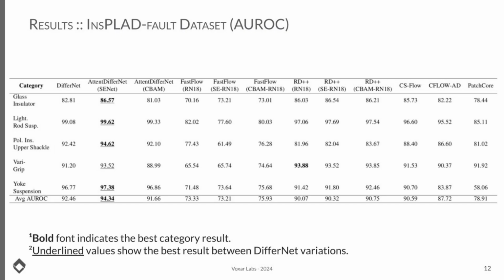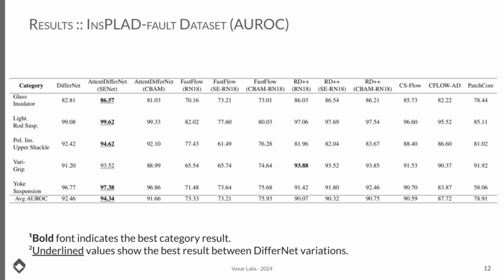So let's go to our quantitative results. We can see here in the second row that our AttentDifferNet variation with the squeeze and excitation networks is able to achieve the best area under ROC in all categories and overall as well.